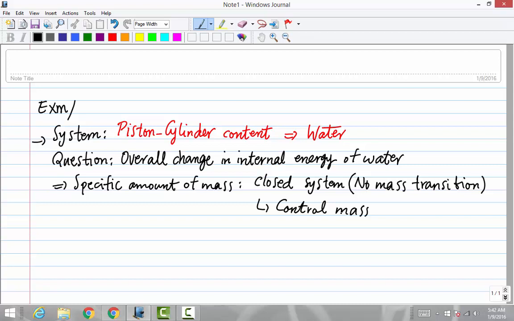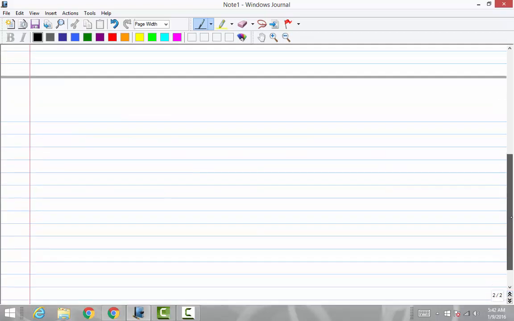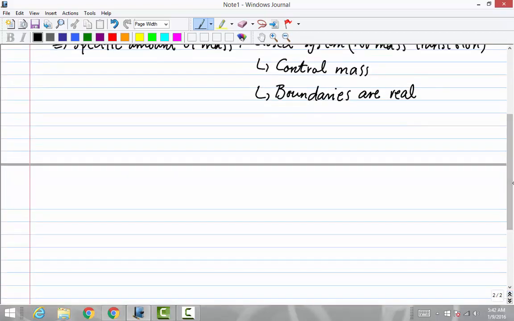So it's control mass. And the boundaries are real. It's closed, so there should be a real limit for the mass to leave the system, like a barrier.